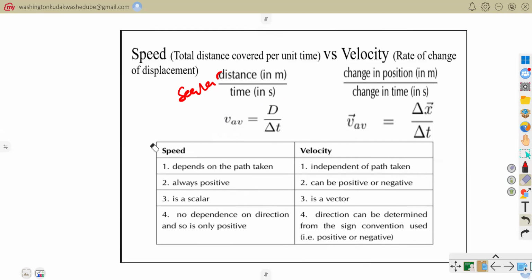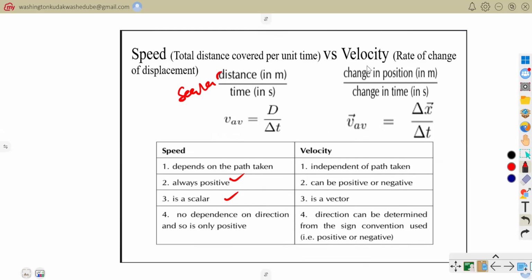And we say that speed depends on path taken, just like our what? Just like our distance. And it is also always positive. And we have mentioned that it's a scalar quantity. So speed does not depend on any direction. That is the reason why it is always positive.